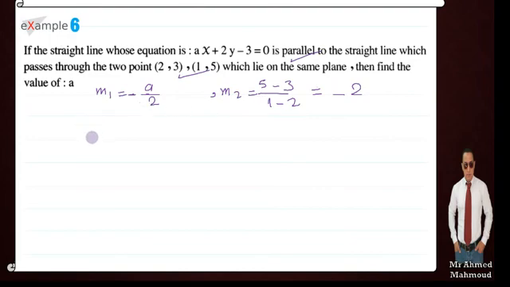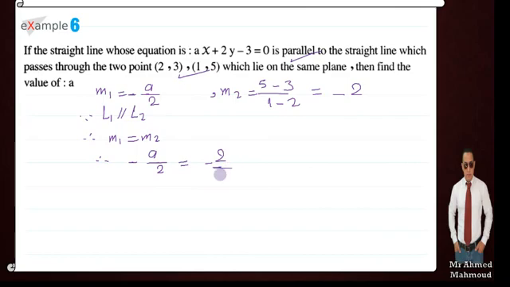Since L1 is parallel to L2, therefore m1 equals m2, therefore negative a over 2 equals negative 2.